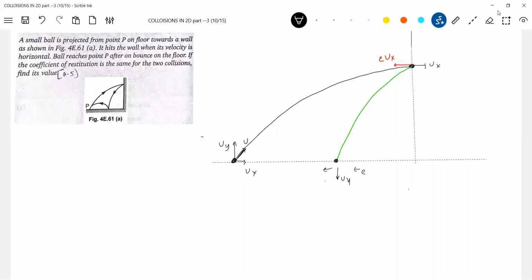Here I'll put it. This is before the collision. Then it will rebound, and it will come like this here.